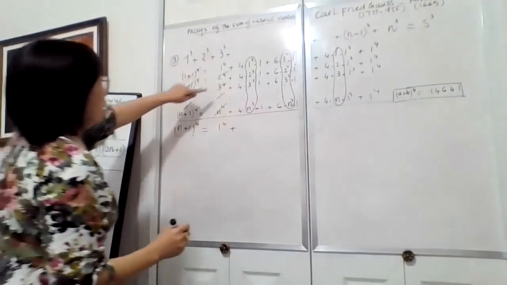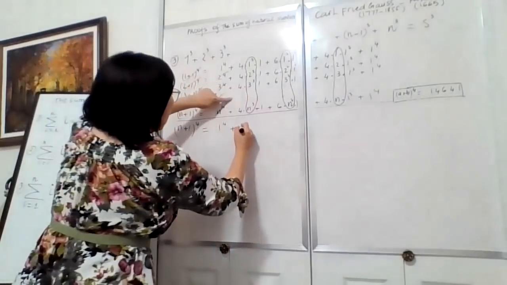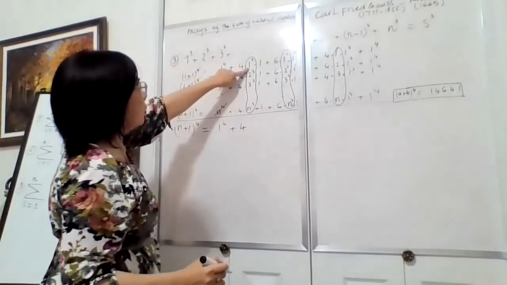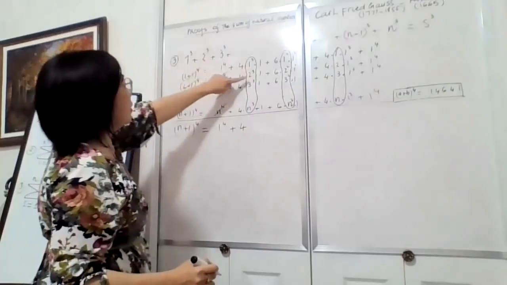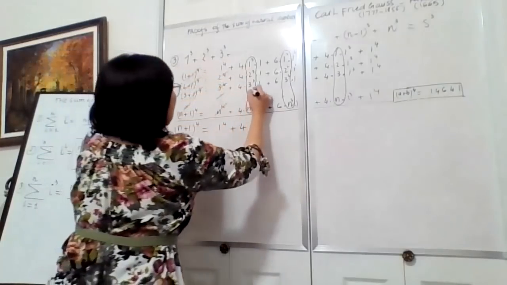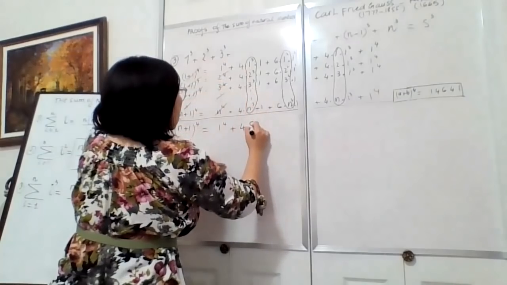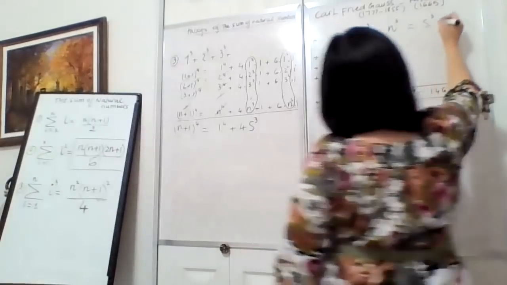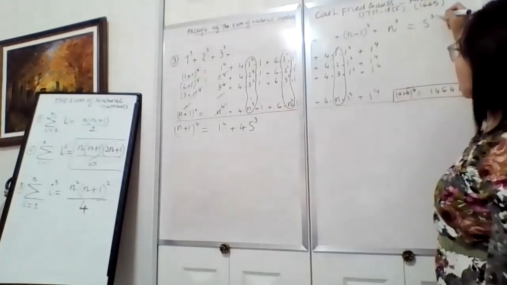Okay, so now what does it look like? This is 4, and this is the sum of the cubes: 1 to the power 3, adding with 2 to the power 3, adding 3 to the power 3, and so on. So I can call this S power 3, right?